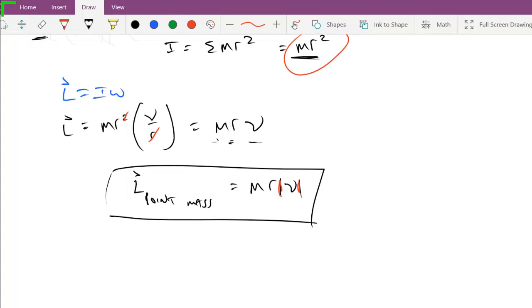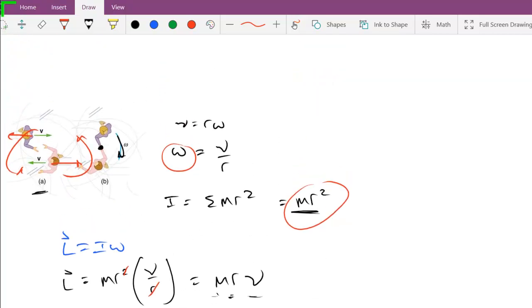And lastly, I want to talk about the total angular momentum of a system, very similar to total linear momentum of a system. As I pointed out over here with these two figure skaters, the first person has an angular momentum of 2 kilogram meters squared per second, and because she is going clockwise, it is actually -2.